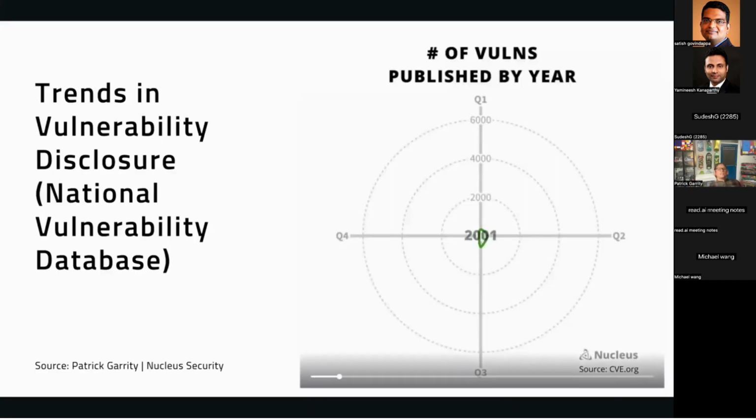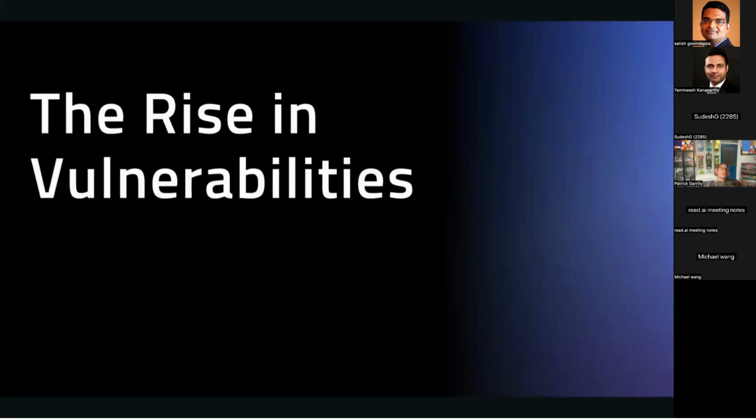The first thing I'm going to show here is the rise of vulnerabilities. This is a data visualization I created to set the stage in regards to the NVD. What you're going to see is that vulnerabilities grow year over year consistently over the last 2 decades, to a point where for most organizations, this has gone neglected and become unmanageable.